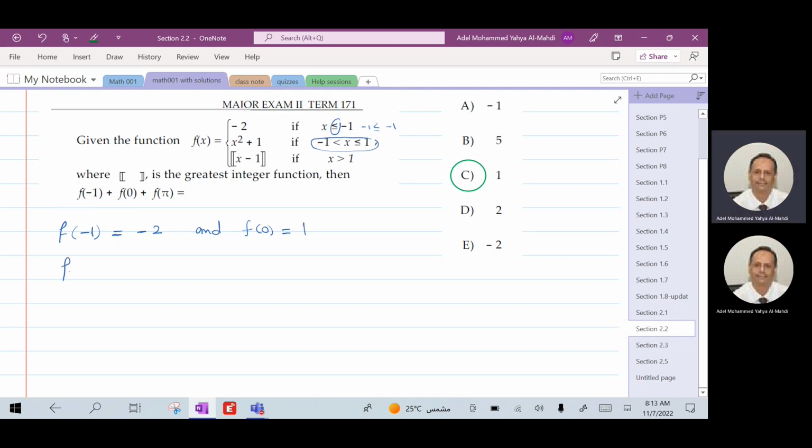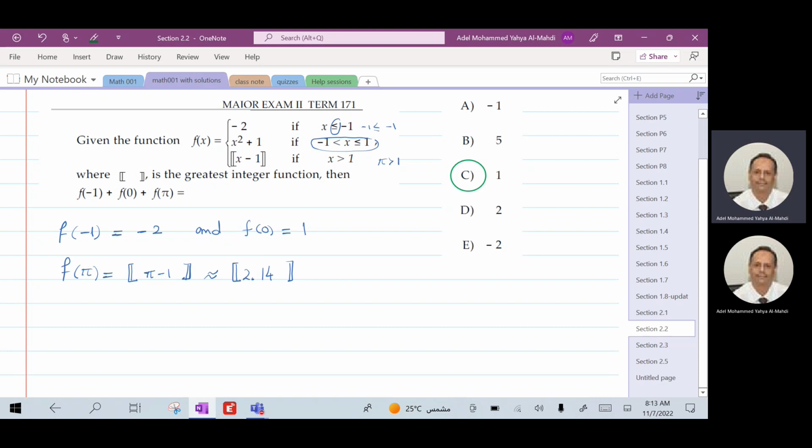Finally, f at pi. Pi is 3 point something. It is here, so pi is bigger than 1. Then replace every x by pi. Then approximate this quantity. You know that pi is 3.14 minus 1, which is 2.14, for example.